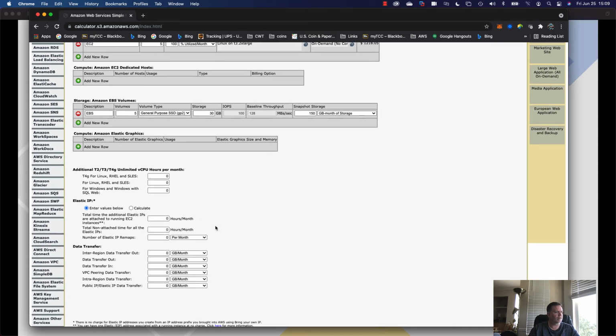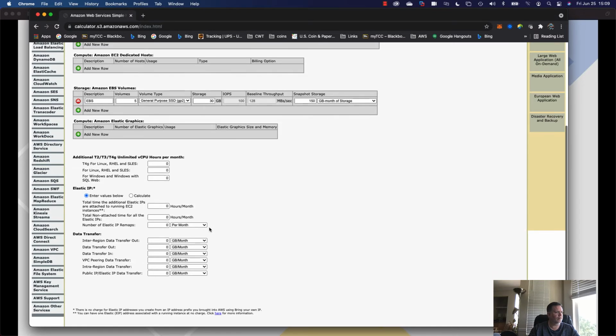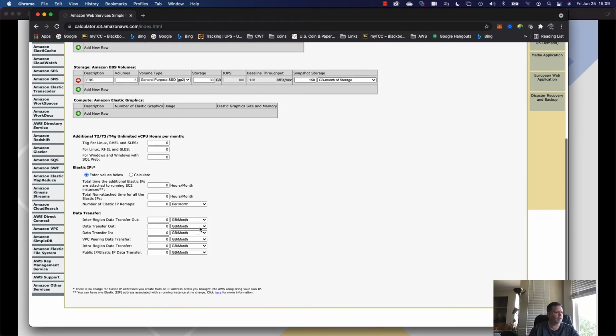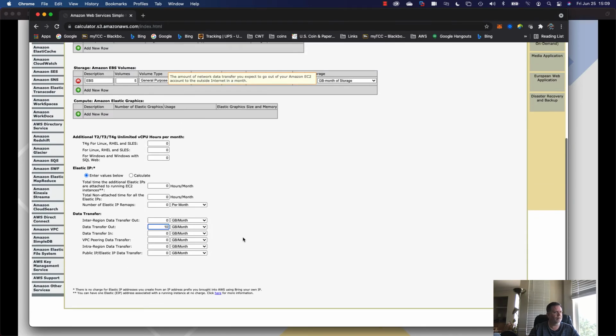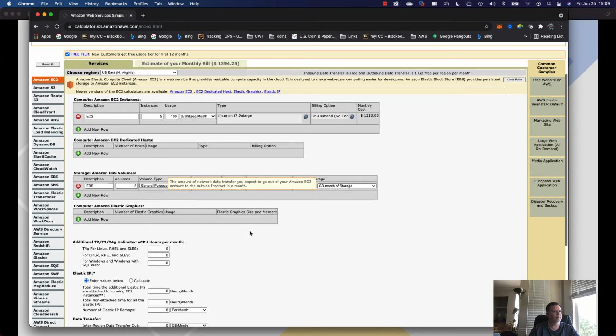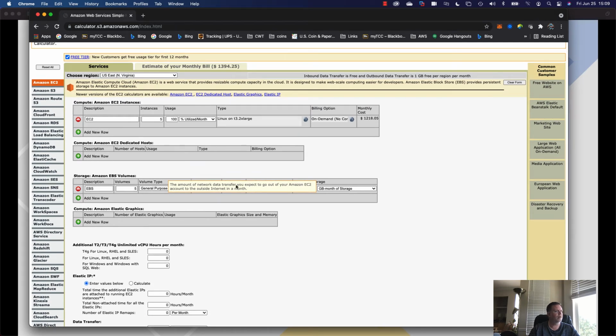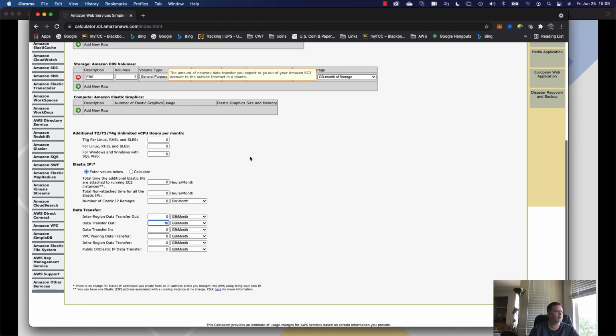Let's say we don't need any elastic IPs, and then we're going to go transfer data. We're going to do 10 gigs of data out. And all right, so our bill is $1,394.25. So the amount's up at the top.